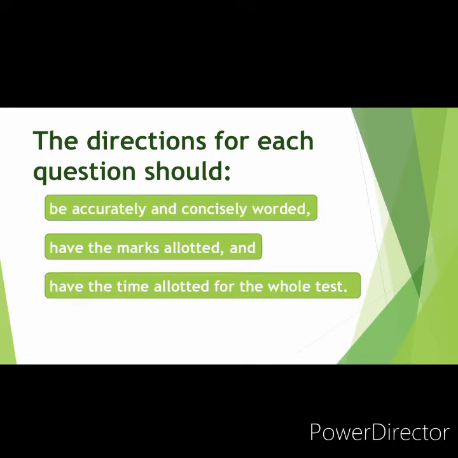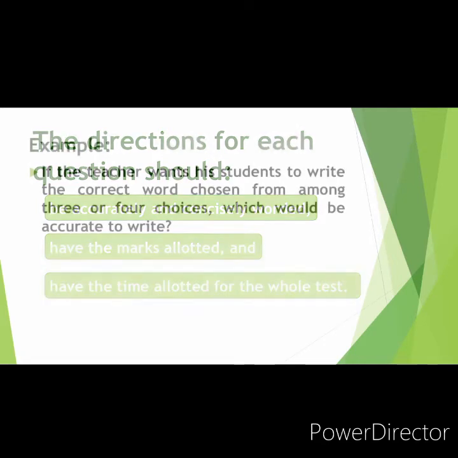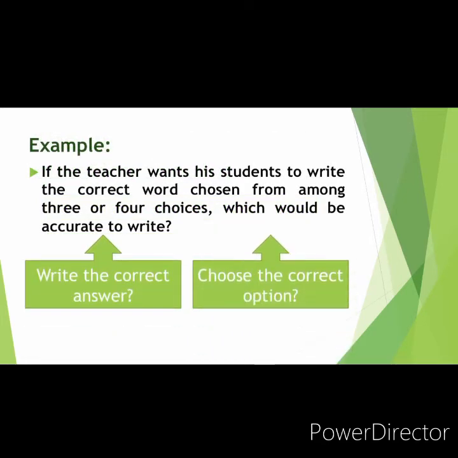Well, it is widely known that if the testee understands the direction, he or she can answer well and easily. And conversely, if the direction is ambiguous or very lengthy and detailed, students would keep on asking about the required task. So as to the marks and time, they should be mentioned clearly.